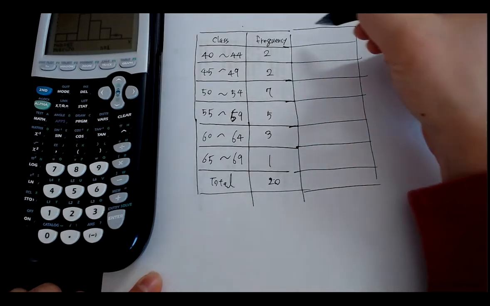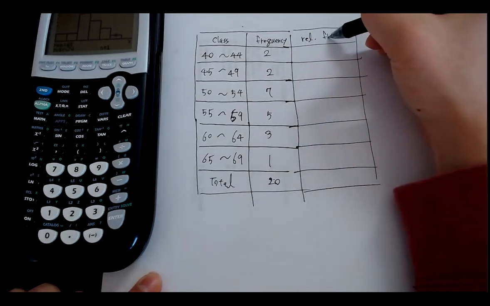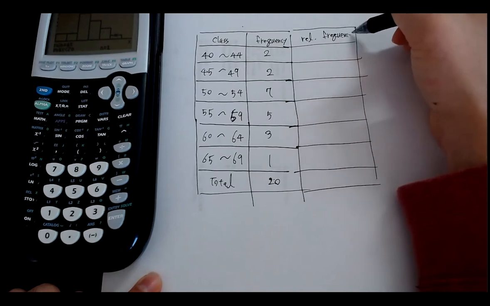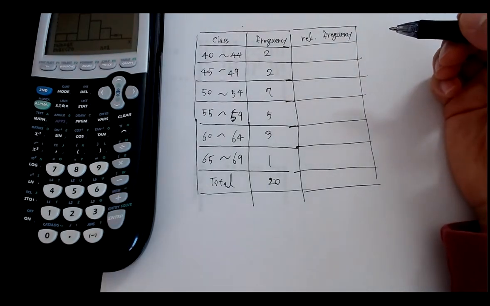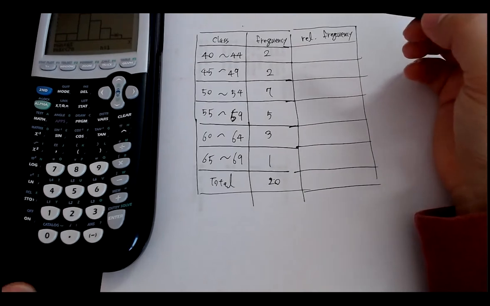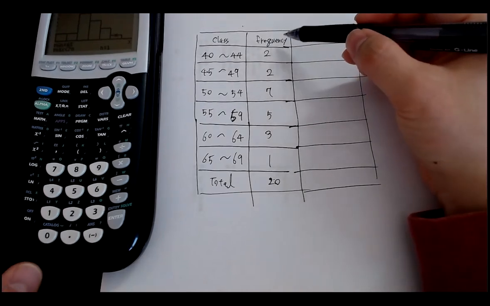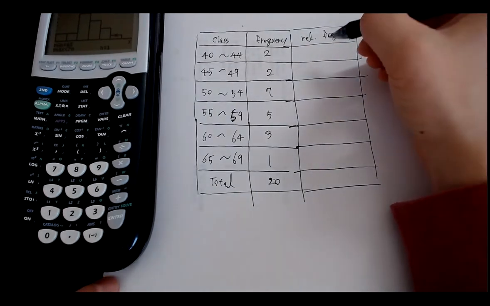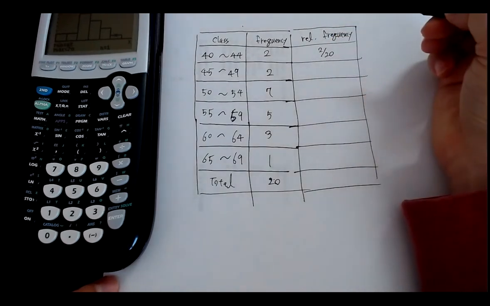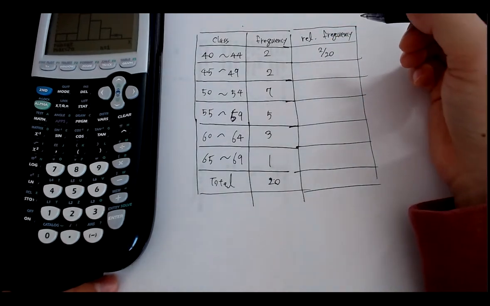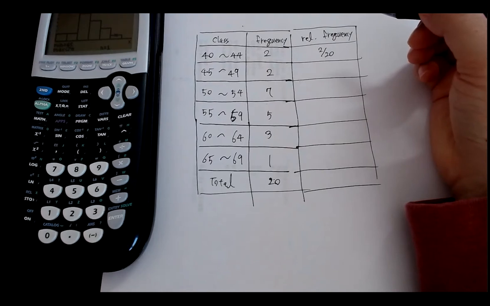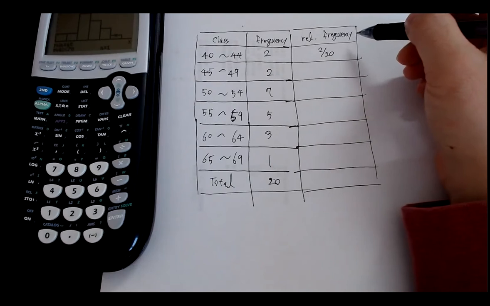The relative frequency. What's the relative frequency? The relative frequency means the number of data values, the frequency, divided by the total number of data values, which is 2 over 20. Maybe problems ask you to find the relative frequency as a percent.